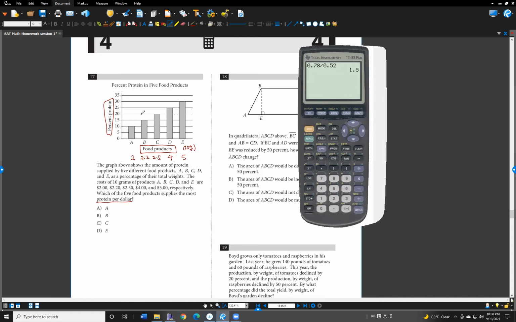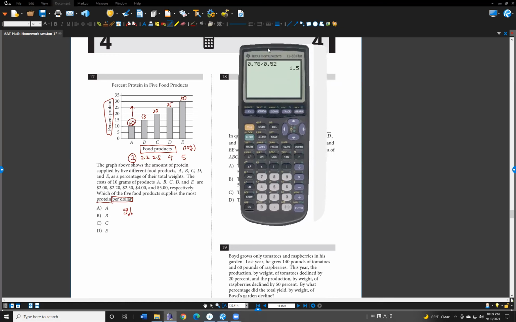Okay, all right. So this is a percent protein, 10, this is 15, this is 20, this is 25, this is 30. But this percent, 10 protein percent is how much? 10% of this costs what? $2. You're gonna find the $1, isn't it? Okay. The most protein per dollar. So you can use this one, 10 divided by 2, each dollar produces 5% protein.